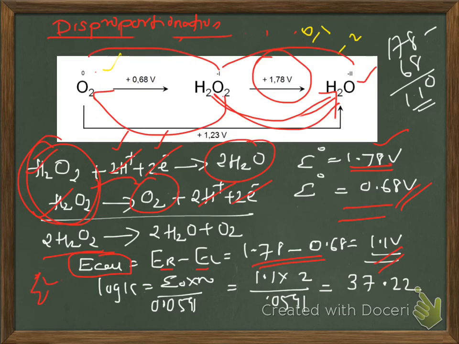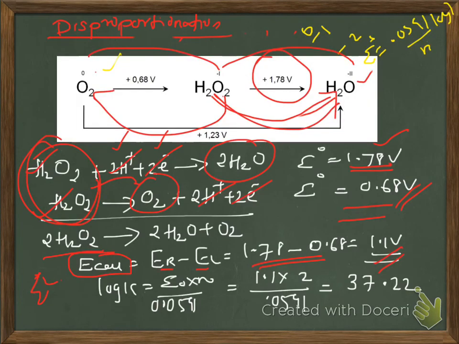We have studied E0 cell equals 0.0591 by n into log Kc. Kc means equilibrium constant. From that equation, log K equals E0 into n by 0.0591.